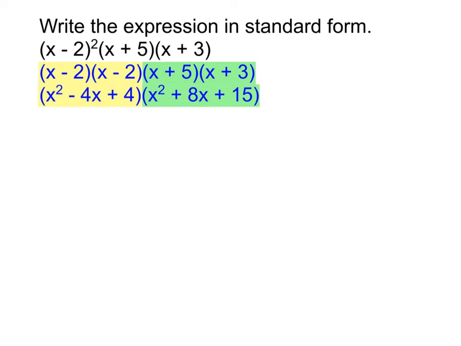But notice that since I had 4 different things to multiply at the first, just picking 2 pairs, it tends to be a little bit simpler. But again, if you wanted to, you could have multiplied the x minus 2's together first to get this, then multiplied that by the x plus 5, and then multiplied that result by the x plus 3. That would also be okay. I just find this a little bit easier.